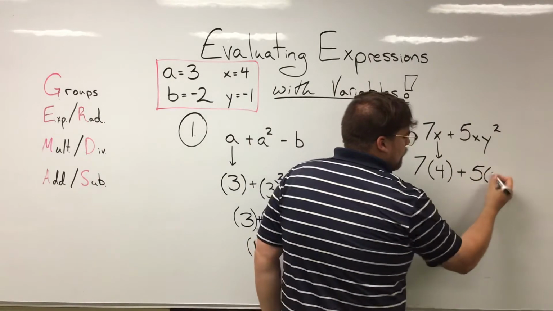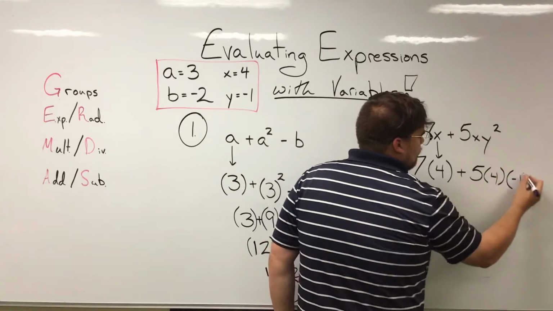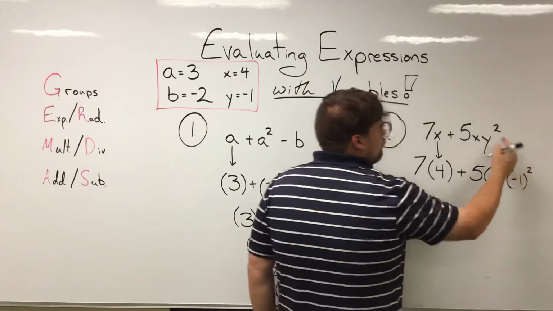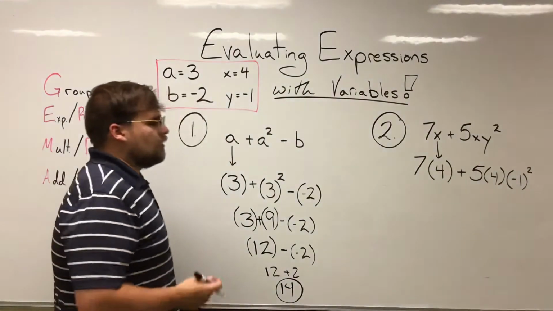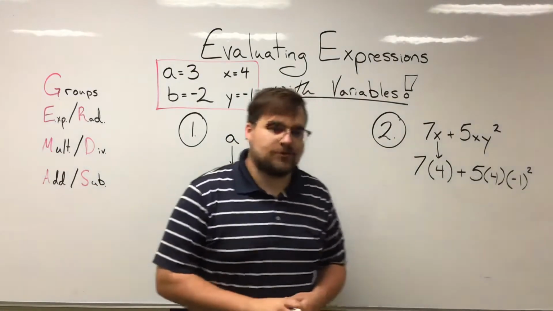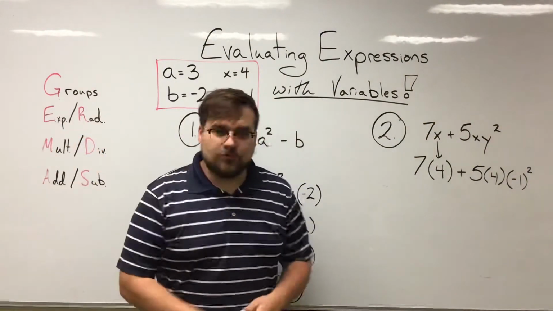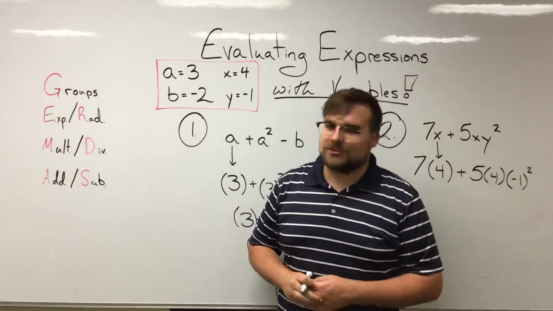All right, let's keep substituting here. 5. Again, in place of x, we have 4. And then in place of y, we have negative 1. And that squared is going to be outside those parentheses again. All right, so let's go ahead and evaluate this using our order of operations. Do we have any groups? We don't. There's no expressions inside parentheses here.